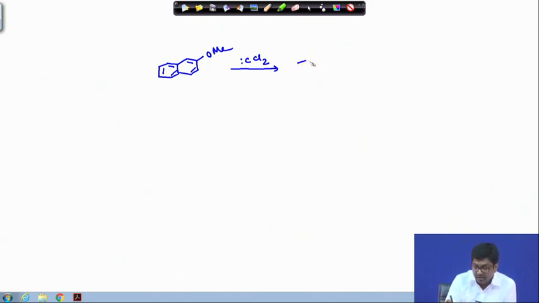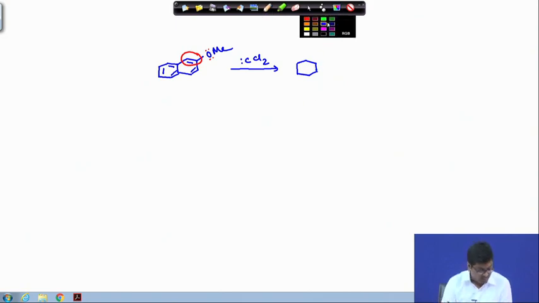This will react with this double bond. Okay. So, this is obvious because this is having this lone pair. So, obviously, this place becomes reactive, and it will generate the corresponding cyclopropane ring.